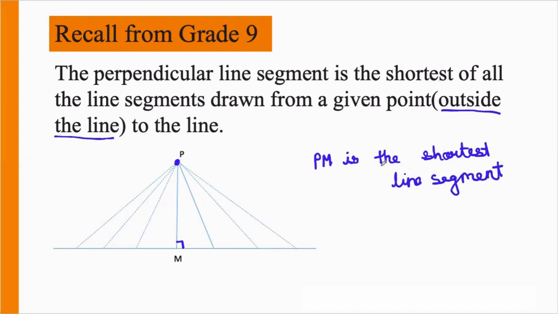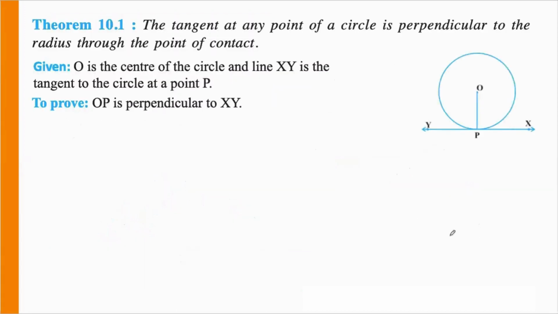We are going to use this result to prove theorem 10.1. Theorem 10.1: The tangent at any point of a circle is perpendicular to the radius through the point of contact.